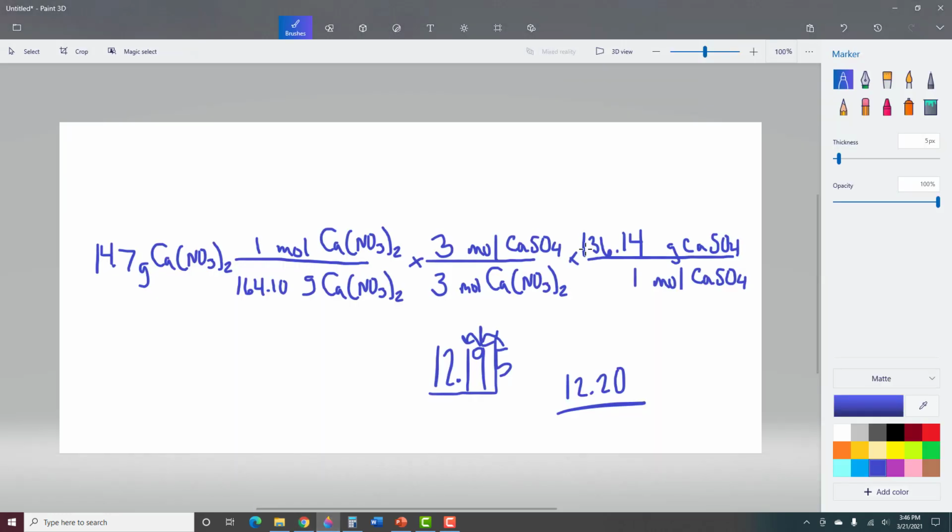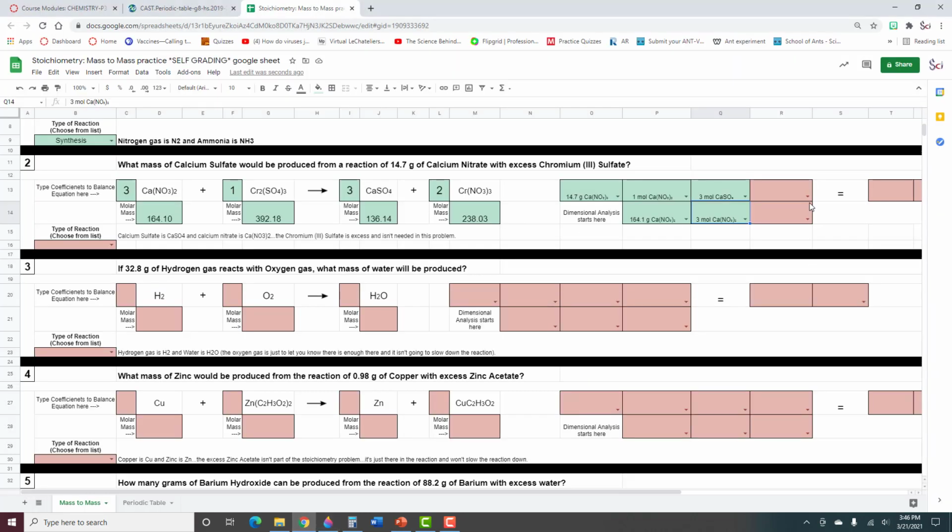The next division bar, I have 136.14 grams of CaSO4 on the top, and then I have 1 mole of CaSO4. Grams and moles always go together. This mole is always 1. These should always be the same compound, CaSO4, CaSO4.